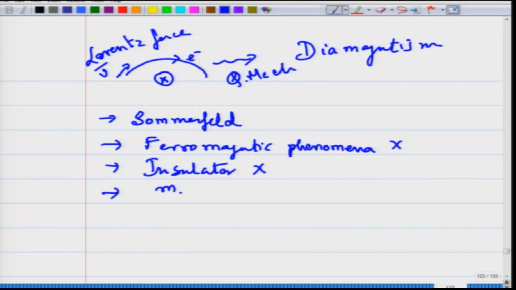That the observed electron mass inside the solid can be 10 times the free electron mass is another drawback of the Sommerfeld's model. The magnetic field dependence of the conductivity of the material, not the Hall effect, but just the longitudinal conductivity or the resistivity and its dependence on magnetic field is not explained through the Sommerfeld's formalism.